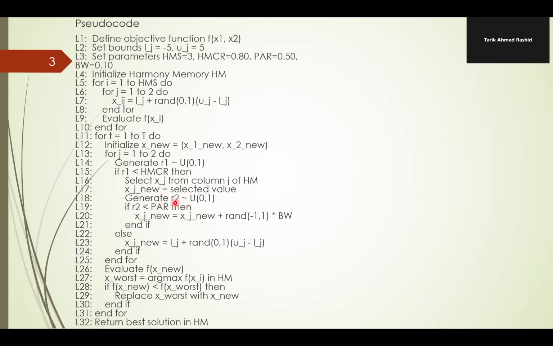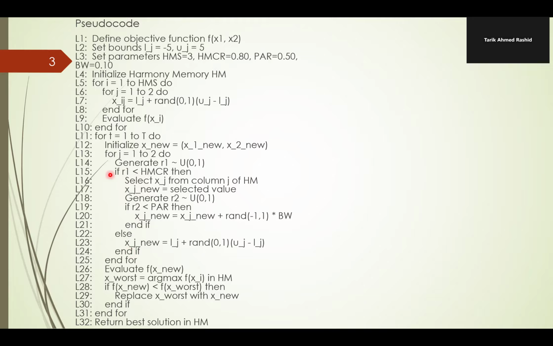Next we do r2, tossing another value between 0 and 1. If it is less than the pitch adjusting rate, then the new solution is obtained by this equation: the current solution plus a random value multiplied by the bandwidth. Otherwise there is an else, but because we entered this if, we don't need the else.